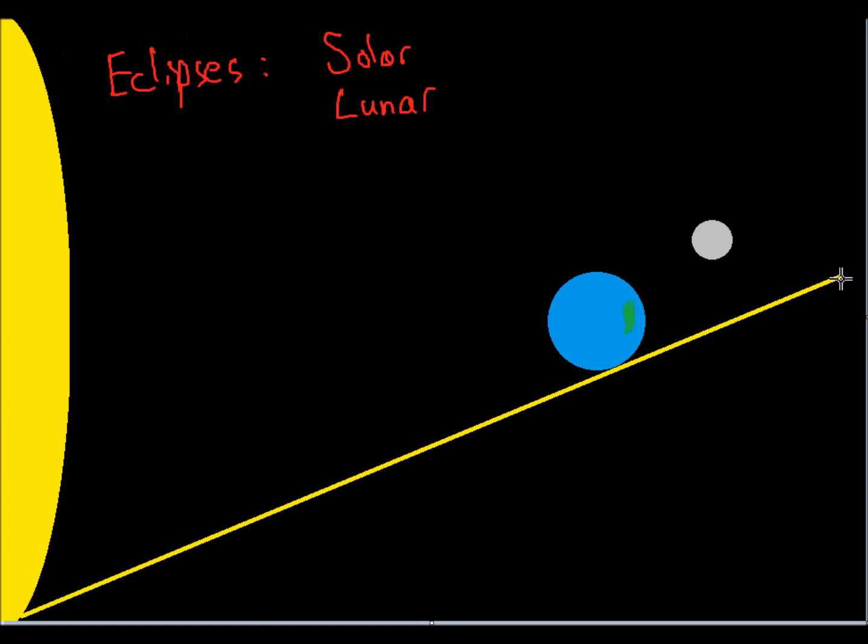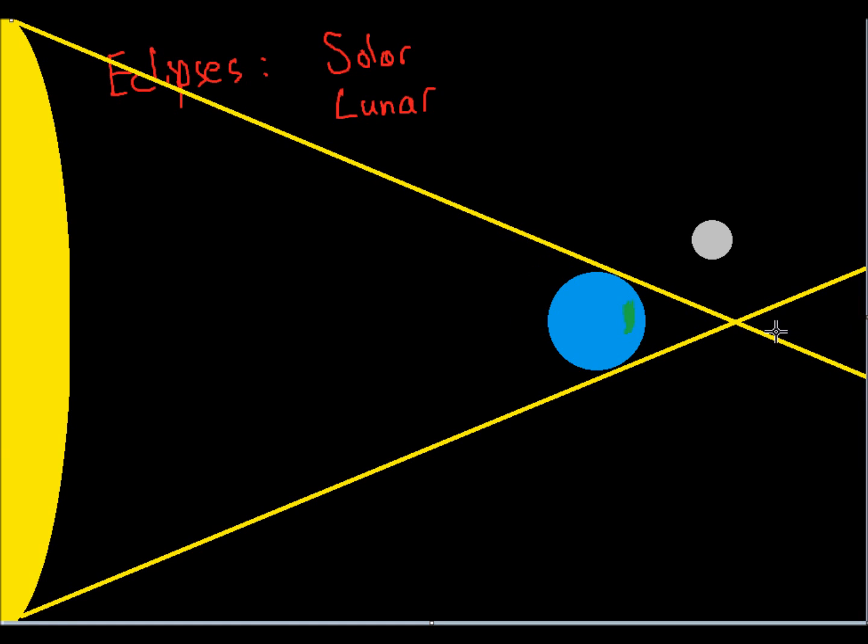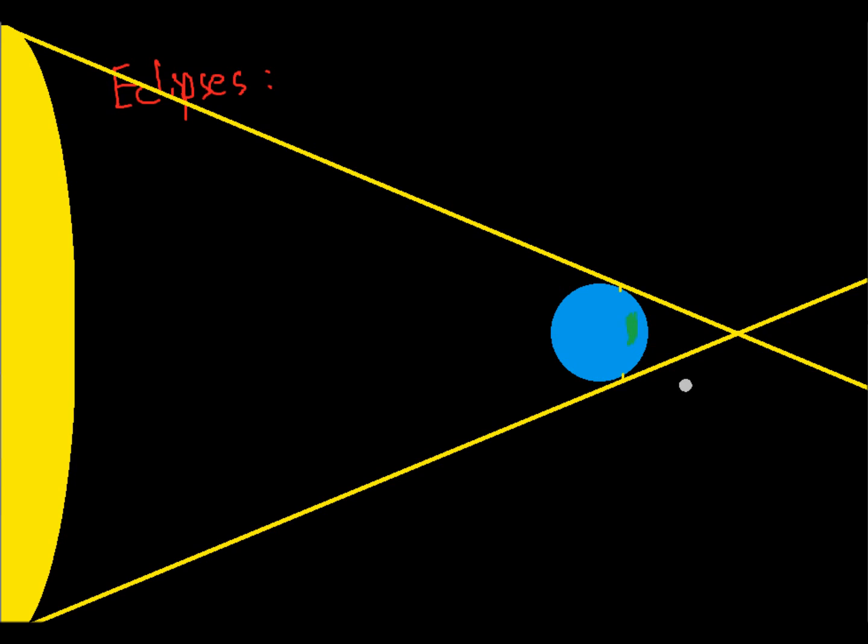So there's light from the sun shining there, and there is light from the sun shining here. Okay, all right. So we've got our situation here.